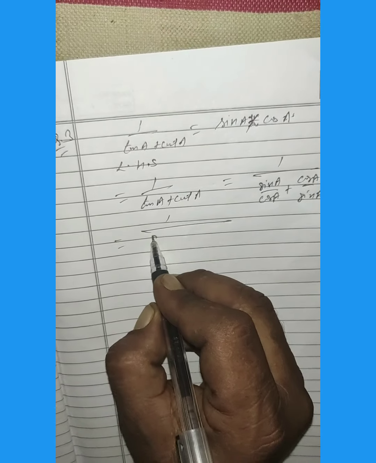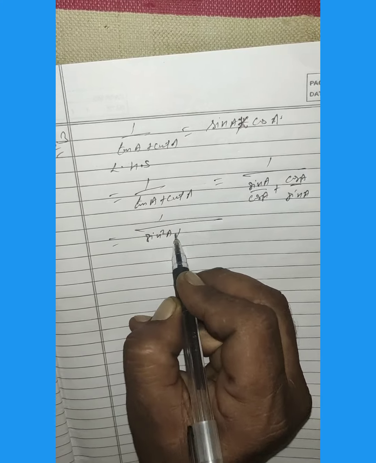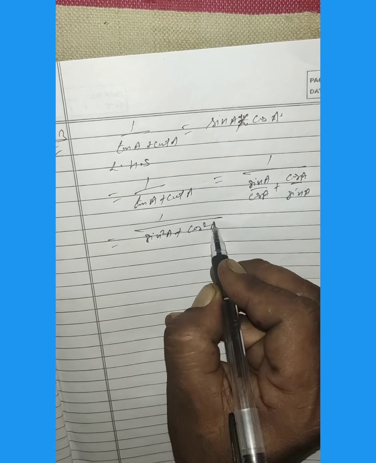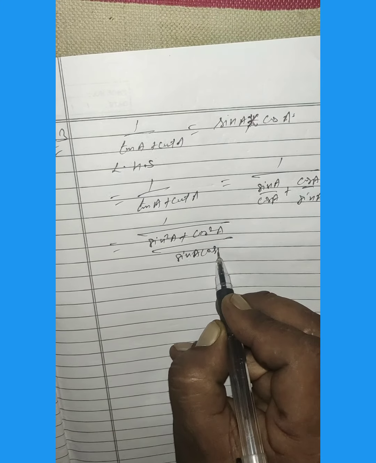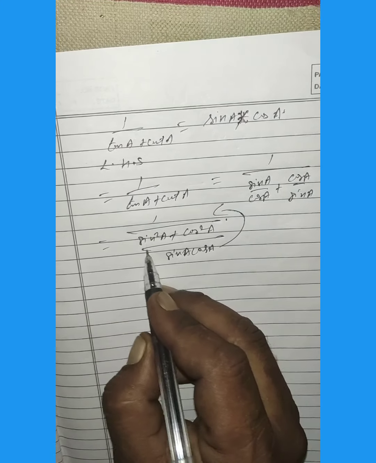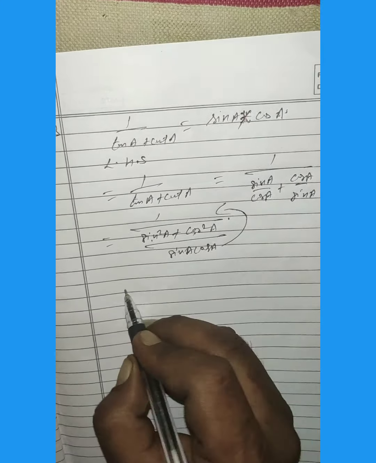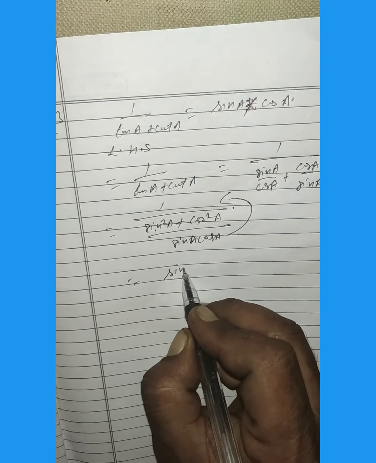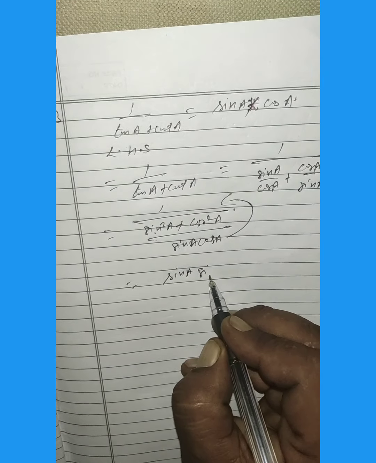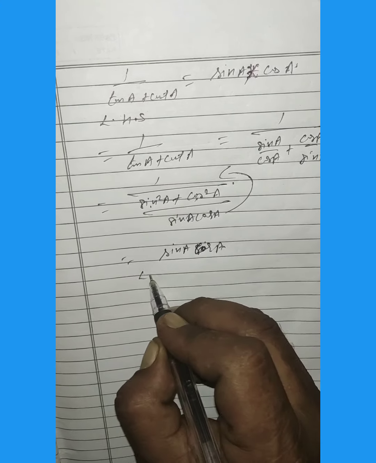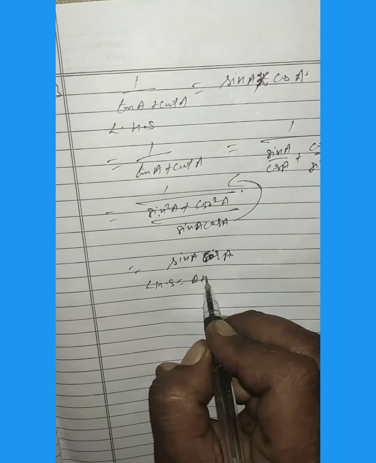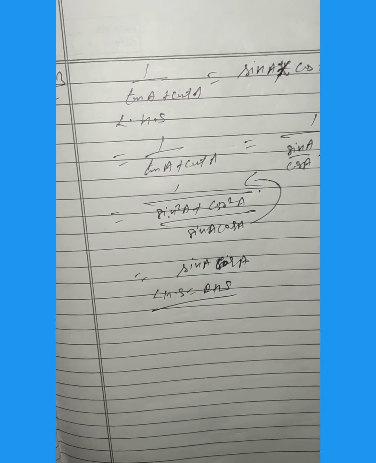It becomes sin square A plus cos square A over sin A cos A. Sin A cos A will go to the upper side. And sin square A plus cos square A is equal to 1. Here only sin A and cos A are left. Means left hand side is equal to right hand side.